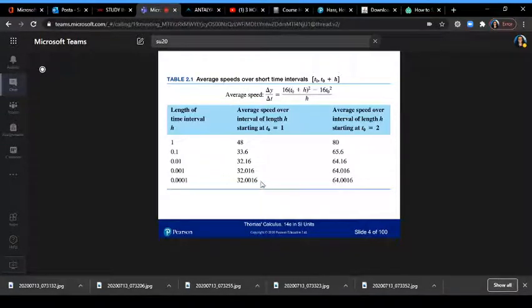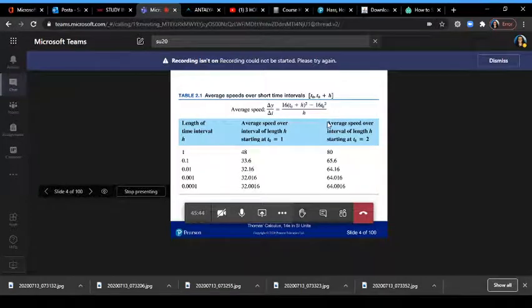These are all average velocities, but we take the limit. We make the interval smaller and smaller so that we get the instantaneous velocity. That's the goal in calculus. Average speeds are good, but that's not the best thing. We want anlık hız, yani o andaki hız. We want to know the instantaneous velocity.